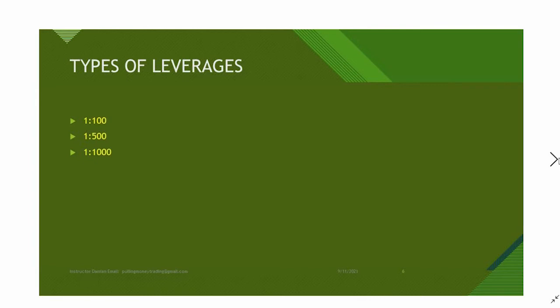So the 100 times the 100 would equal a total of 10,000. So that is how the leverage works.